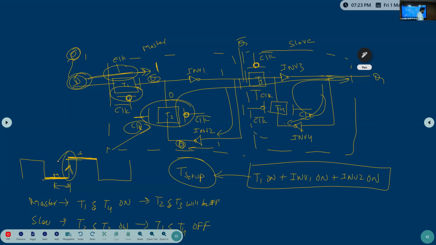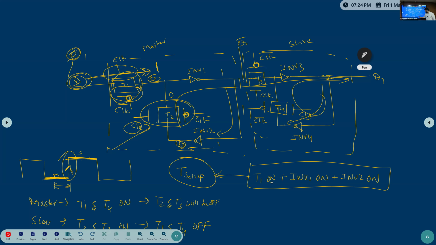The minimum time, data should be stable before the active edge of the clock. Means what I am saying, the minimum time. What is that minimum time? That minimum time is only the T1 transmission gate on time, inverter 1 on time, inverter 2 on time.